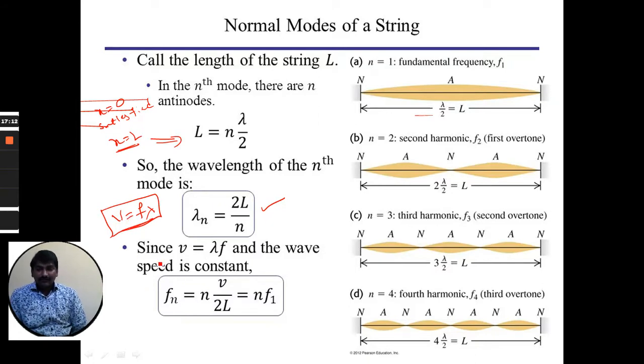Now if you substitute this lambda in this equation, the equation will simply be f n equal to n into v by 2L. If you take v by 2L as the fundamental frequency, this is the first equation, then it can be written in terms of f1.